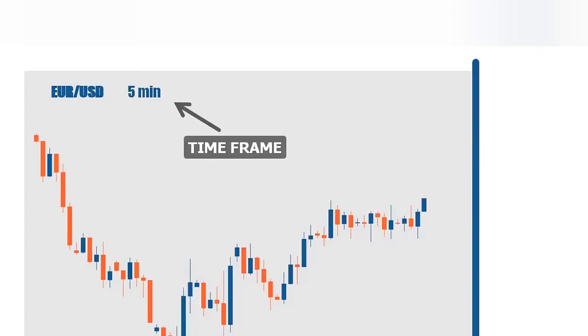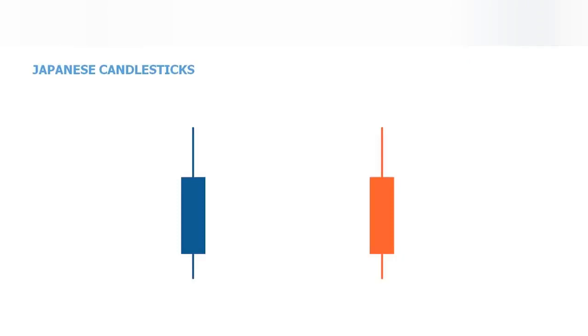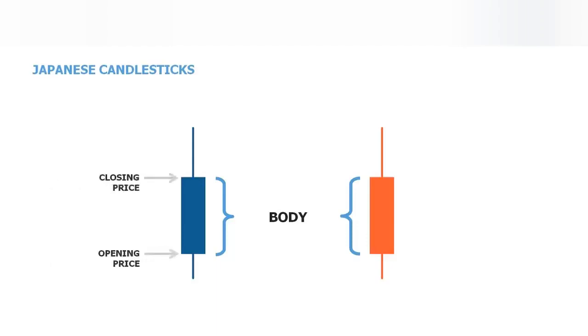During the period that the candle forms, you will observe that it changes shape. After the period, the candle is closed and a new candle starts to form, or opens. Interpreting a candlestick is easy. The thick part is called the body. It represents the prices at the beginning and at the end of the period. If the candle is blue, the price moved up during the period. So the opening price is at the bottom and the closing price at the top.